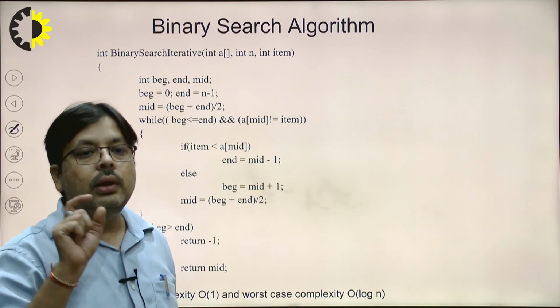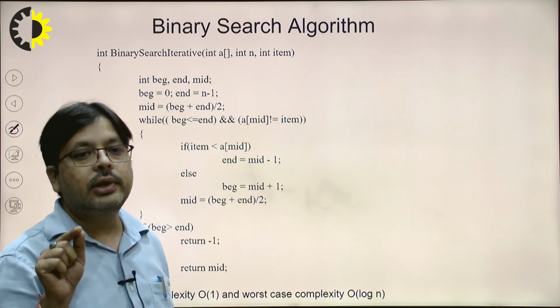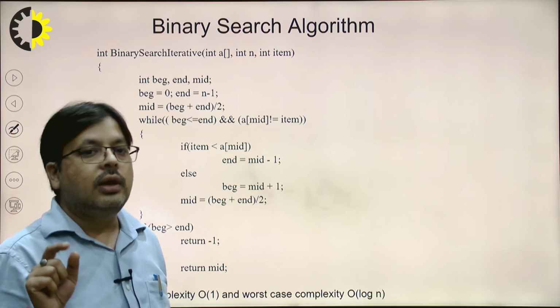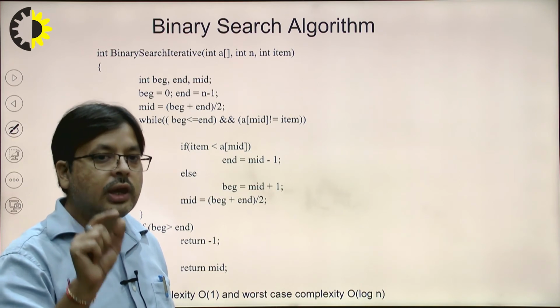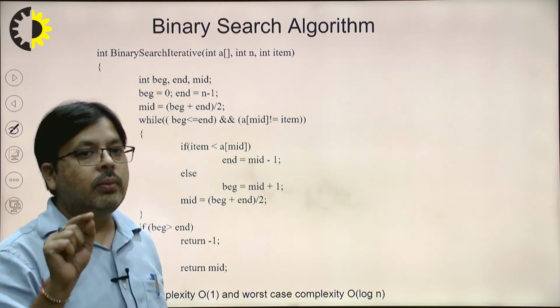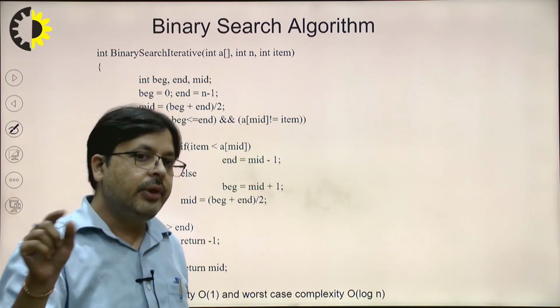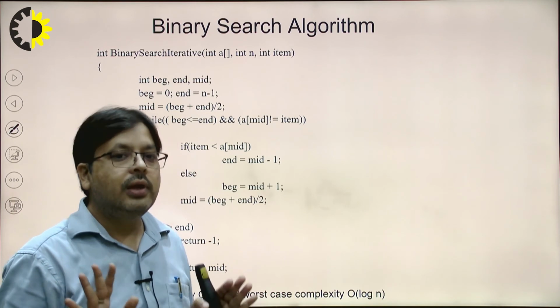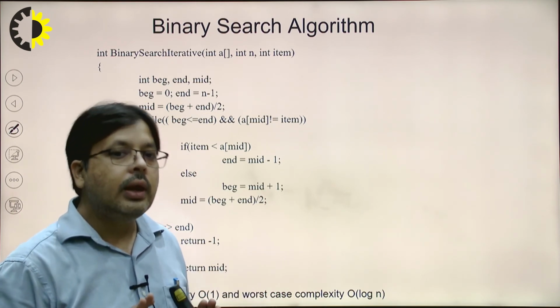That is ensured with the condition: if beginning is greater than end. That means up to the level where only one element remains in the array, right? When beginning is greater than end, that means the array elements have been exhausted and there is no more possibility to find the element in the given array, right?